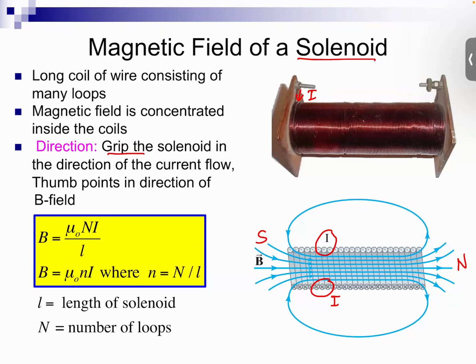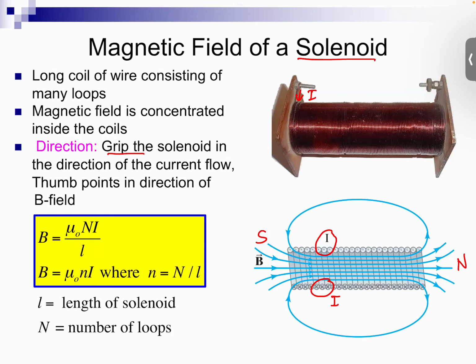For the magnitude of the magnetic field created by the current in the solenoid, we use this equation, which can be derived using Ampere's law, right? We will not derive this equation from Ampere's law, but I will refer you to the textbook if you're interested in checking the derivation.